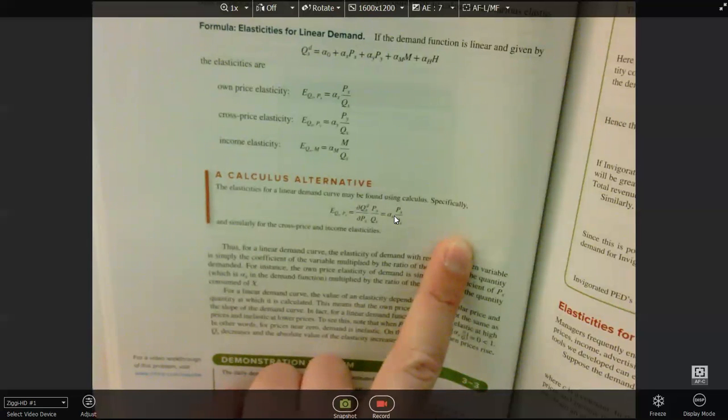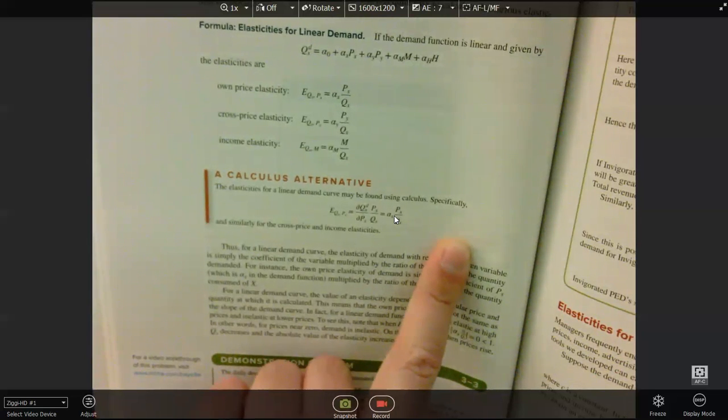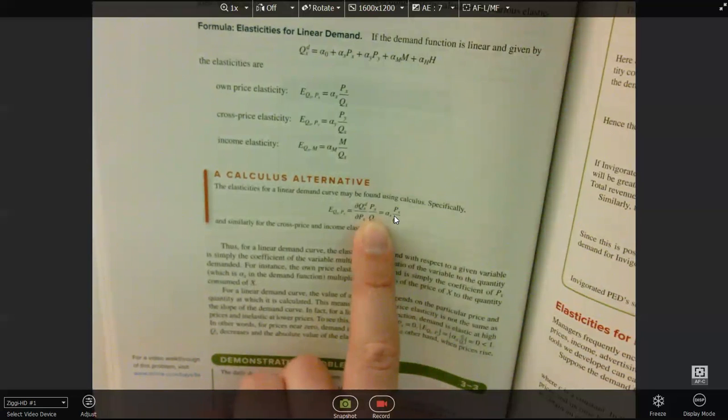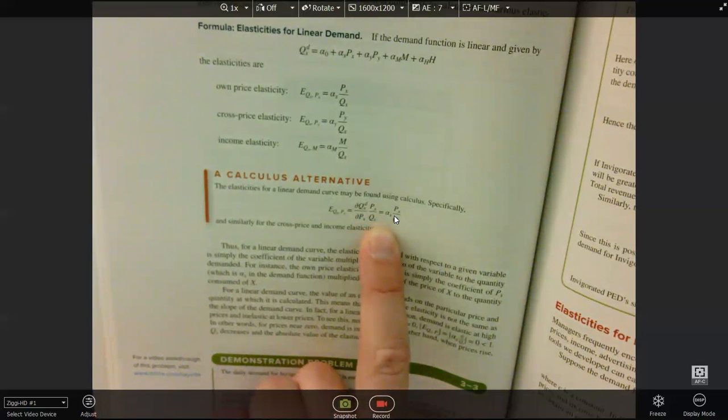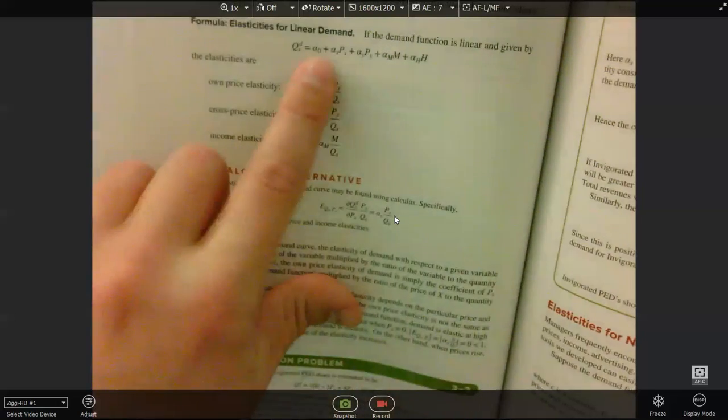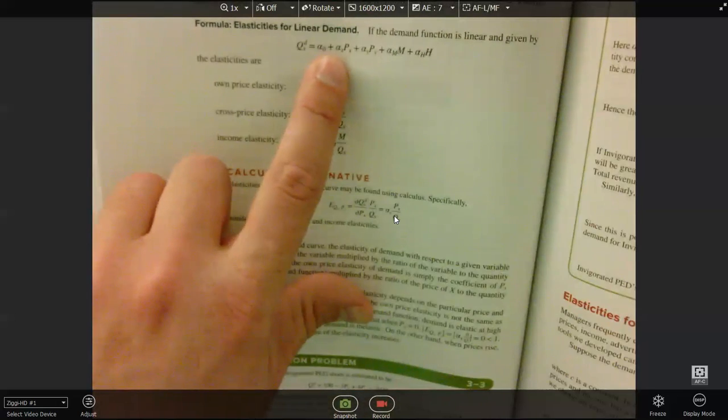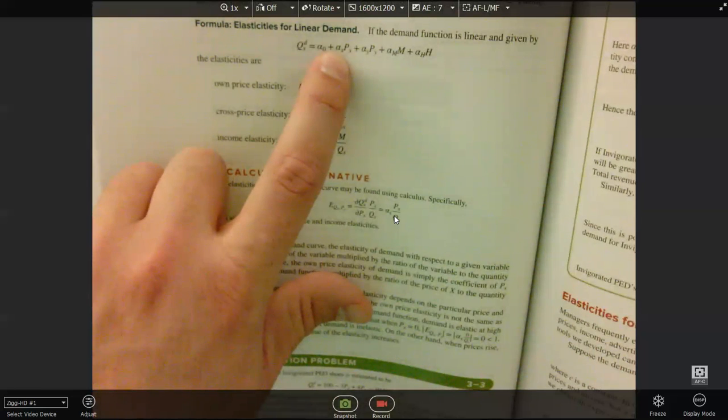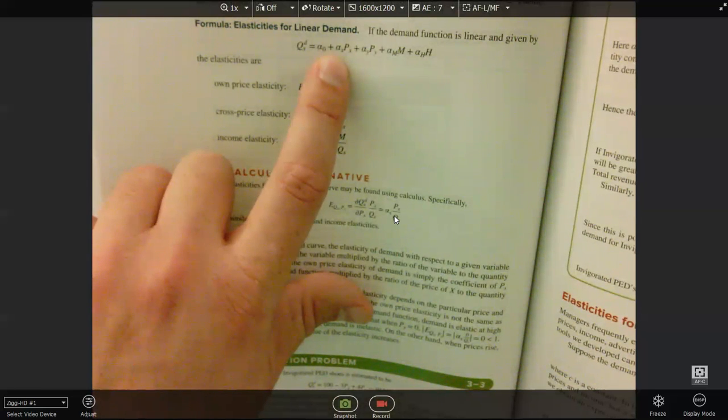Specifically, it's found by using whatever is the alpha on the P of x. So the partial derivative with respect to P of x times the price over quantity.